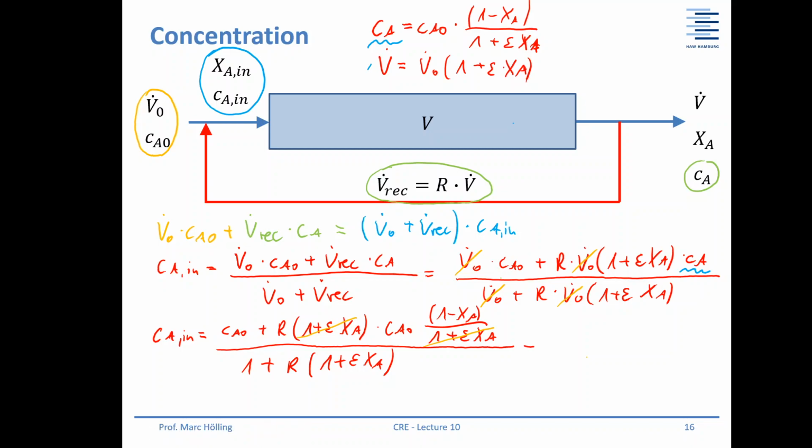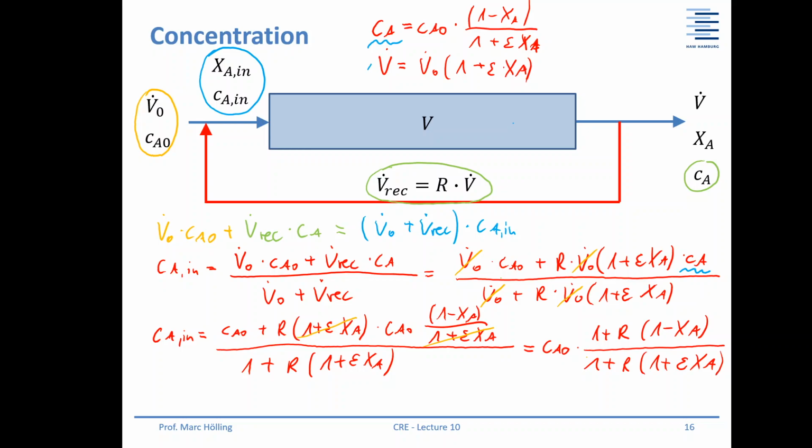This means you can say, okay, this should be the same as CA0 times, and then 1 plus R times (1 minus XA over 1 plus R, 1 plus epsilon XA). Okay, now I have to close the brackets.